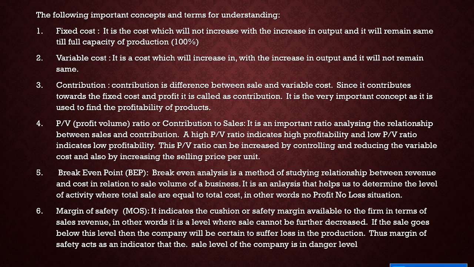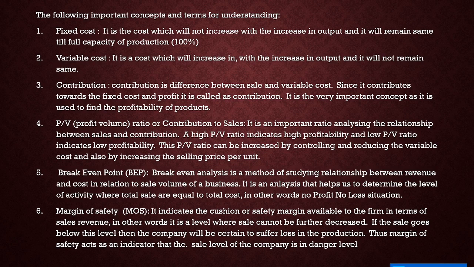In other words, the PV ratio will remain the same throughout the sum unless there is any change in the variable cost per unit or the selling price per unit. In all other cases, the PV ratio will remain the same throughout the sum.